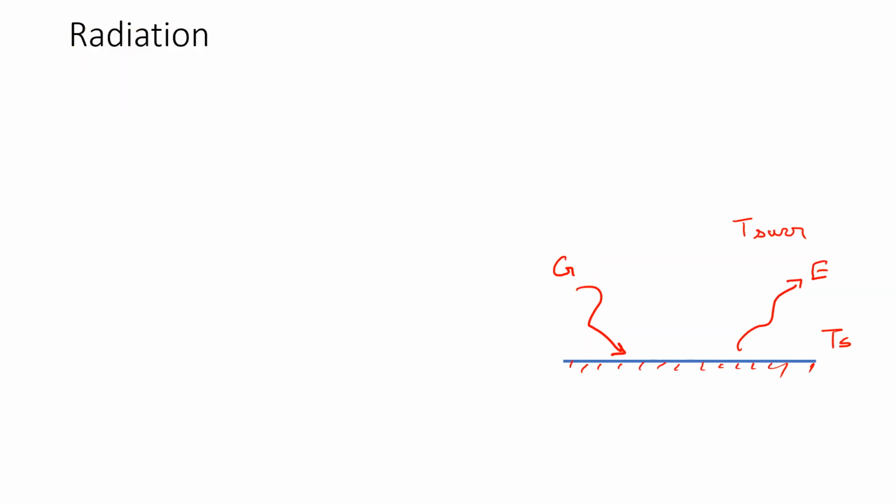Let's look at irradiation now. So your irradiation G, which is the radiation coming in to the system or into the surface, is alpha times sigma into T surrounding to the power 4.